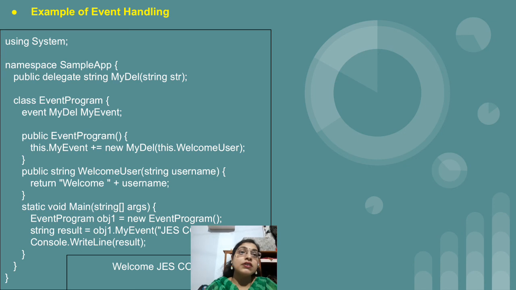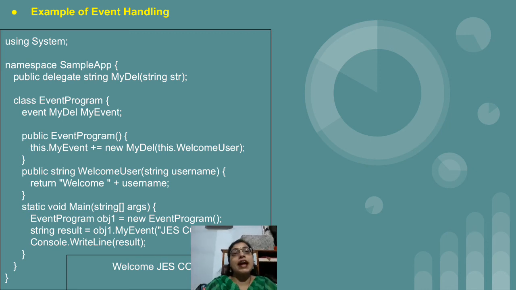This is one method, the delegate method, which we are going to create next. The next line is that only, that is the WelcomeUser method creation. So the event, myEvent, will call the delegate, and that particular delegate is referencing the WelcomeUser method.